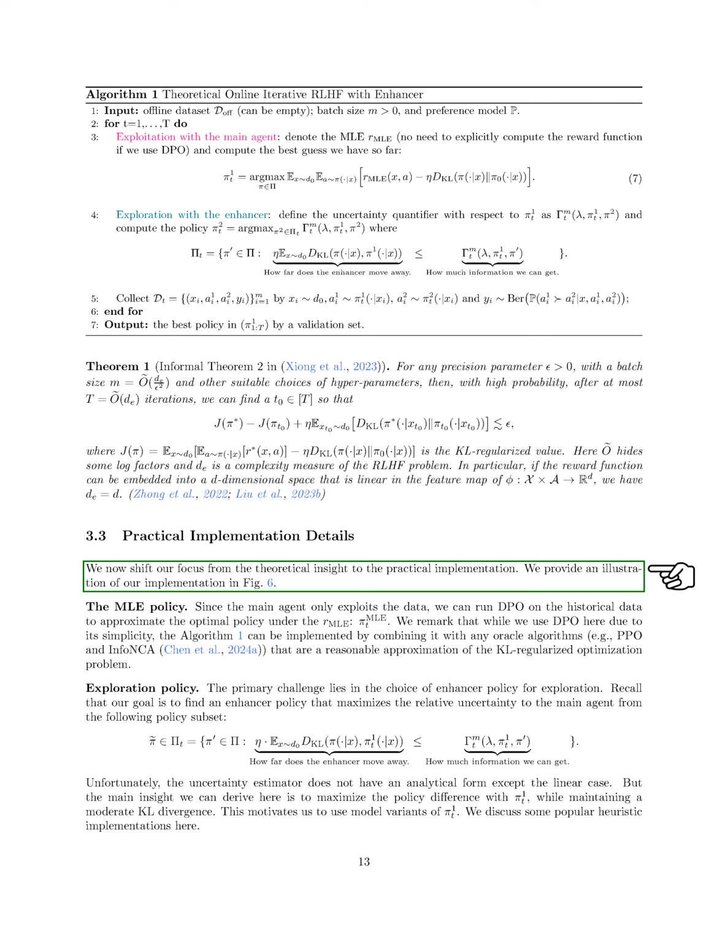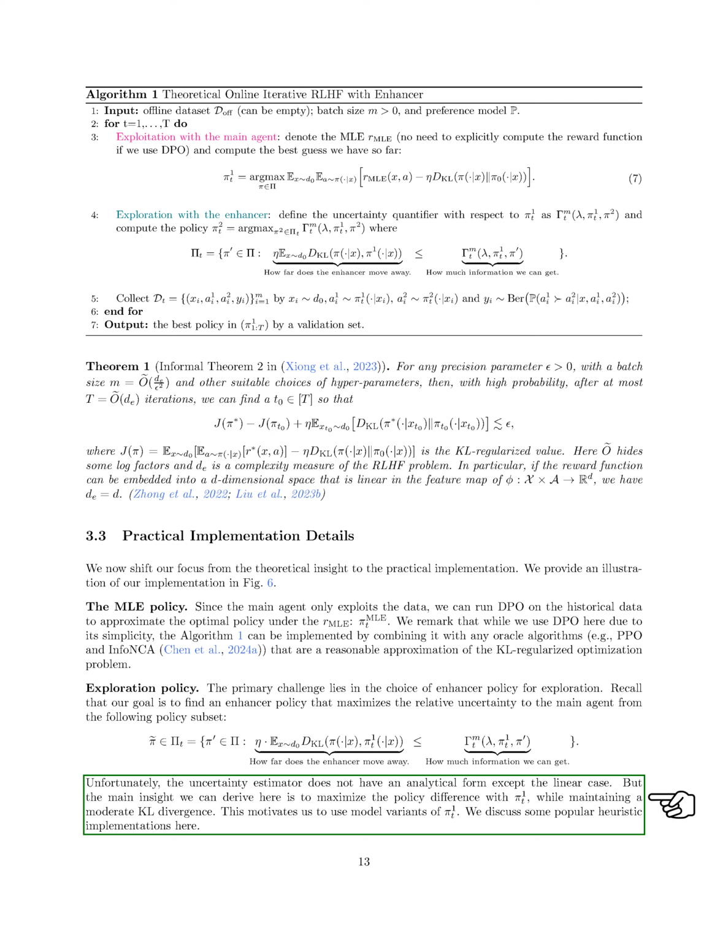Although we use DPO for its simplicity, our algorithm can also work with other oracle algorithms like proximal policy optimization, PPO, and InfoNCA. The key challenge is selecting an exploration policy to enhance exploration. We aim to find an enhancer policy that maximizes uncertainty relative to the main agent within a specific policy subset.